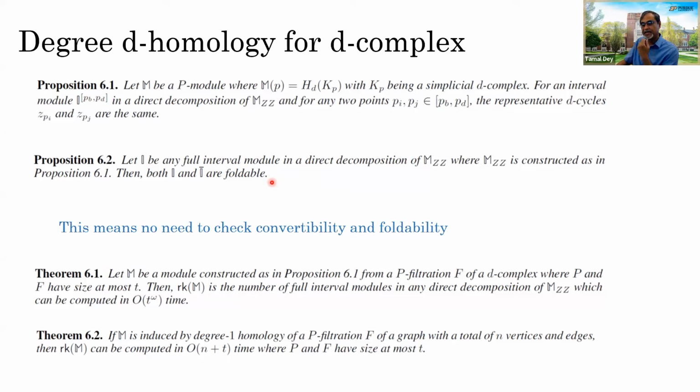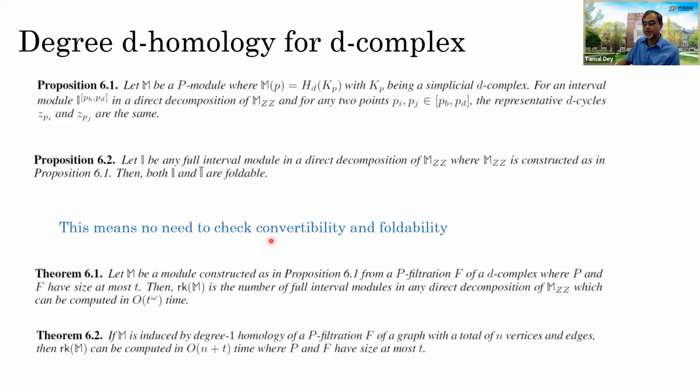So what does it mean? In the case of graphs, so if you take the case of graphs, and if you are looking for the module induced by the H1, first homology, in that case, the generalized rank computation is very easy. You just unfold the graph on a zigzag poset, giving the zigzag module, and compute the number of full intervals there, like our 2-parameter persistence case. That will give you the generalized rank.